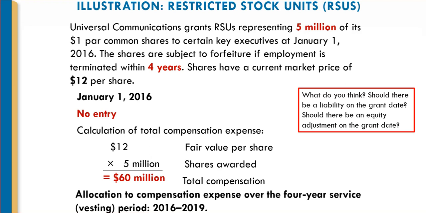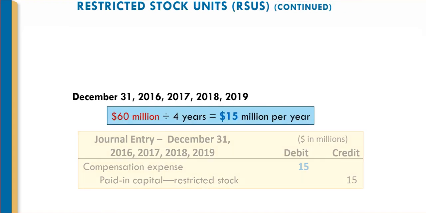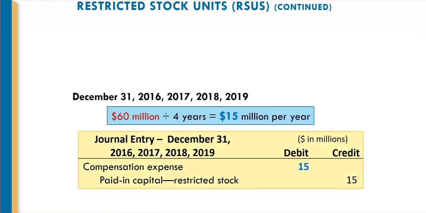Okay, so you need to allocate that amount. You probably can't see the very bottom on this slide, but the 60 million needs to be spread over 4 years, and that amounts to 15 million per year. So when you do your journal entries for every one of the years, you need to have compensation expense of 15 million. If it's quarterly, it'd be 1/4 of 15. If it's monthly, it's 1/12 of 15, done every month.